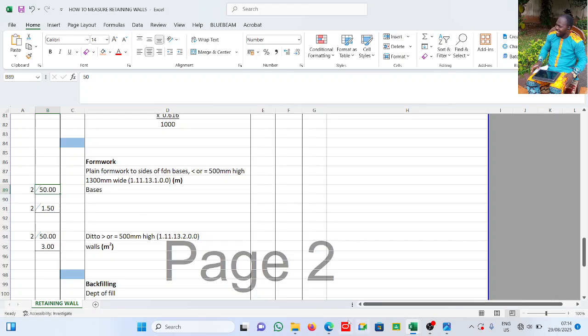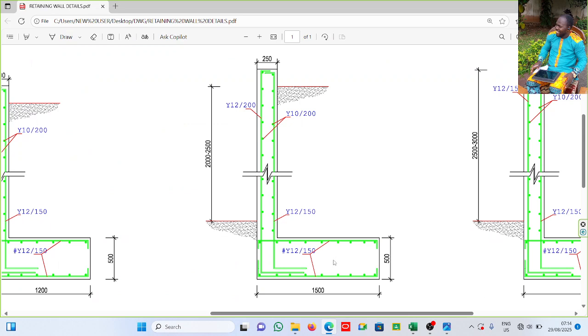Let me show us through here. This is what I have, this part here. Remember this retaining wall is running through 50 meters.